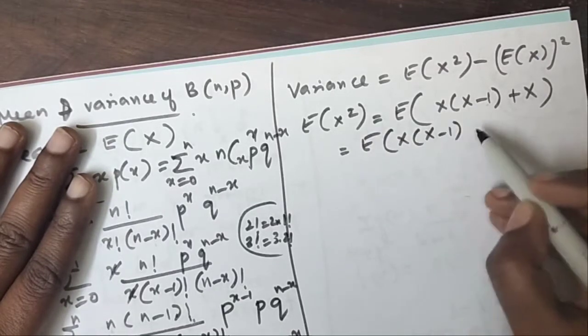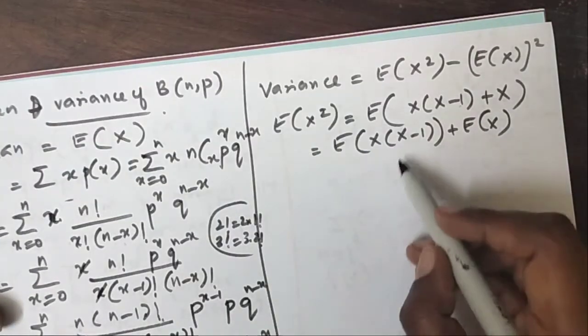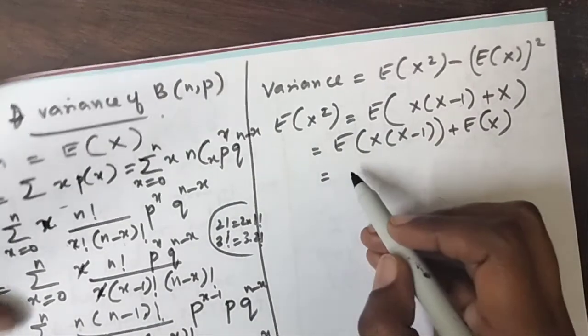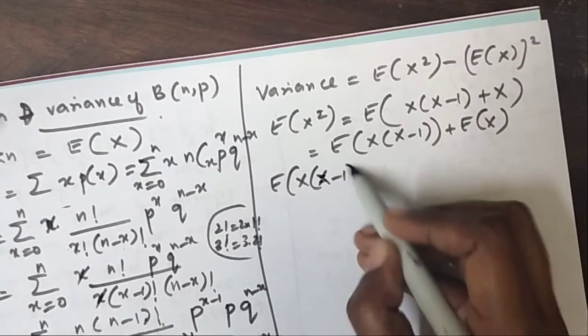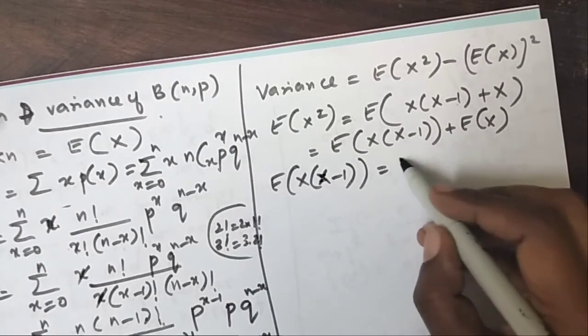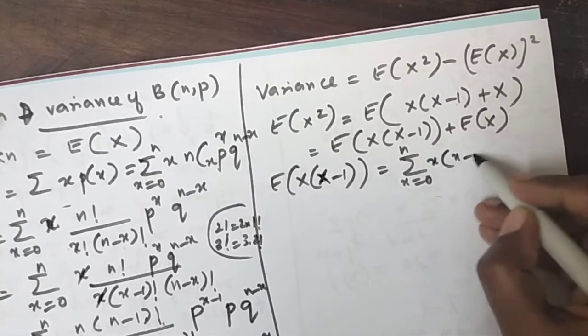Expectation of x into x minus 1 plus expectation of x. So we have to find this E of x into x minus 1. What is it? Sigma x varies from 0 to n, x into x minus 1 into p of x.